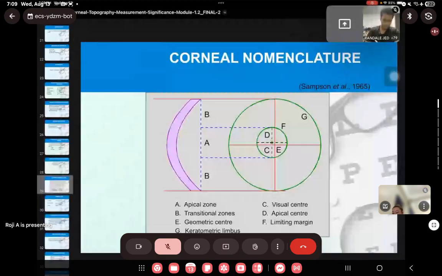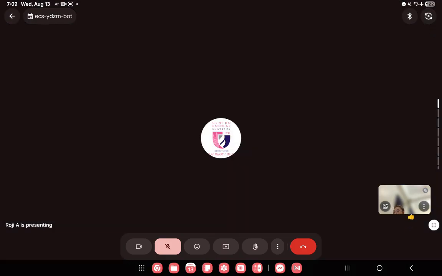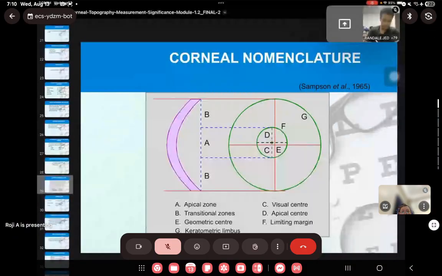Guys, do you know what I'm talking about? We did it during lab. That is your geometric center, right? And then your keratometric limbus, and C for the visual center, D the apical center, and F your limiting margin. So that is your corneal nomenclature.